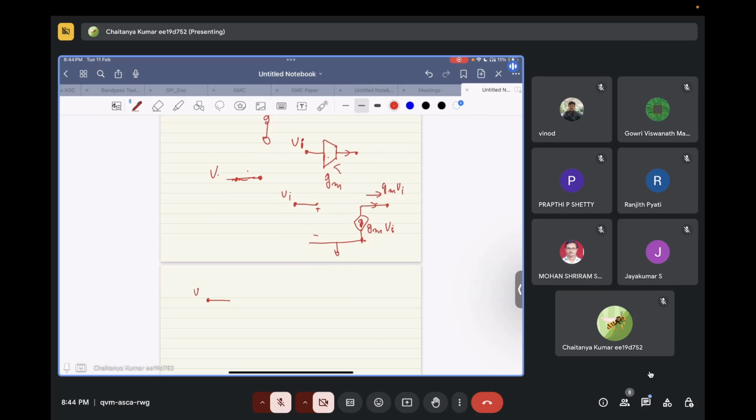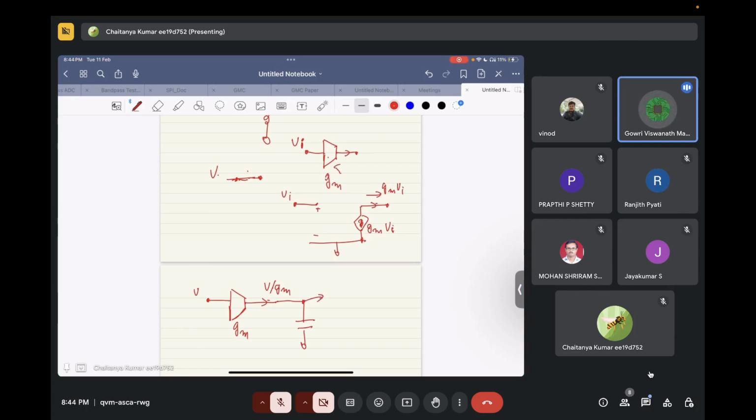If V is applied to a transconductor with a value of Gm, what will be the current that will flow from here? It will be Gm times V.